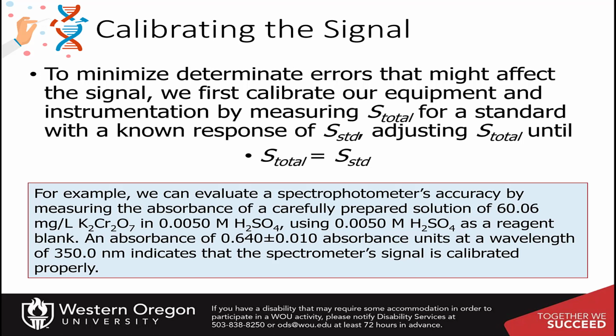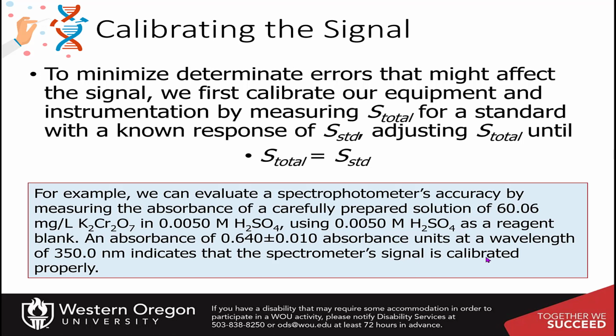So we first want to calibrate our equipment and instrumentation. And we do this by measuring the total signal for a standard with a known response of the standard. And then we can adjust the total signal until it's equal to that standard.